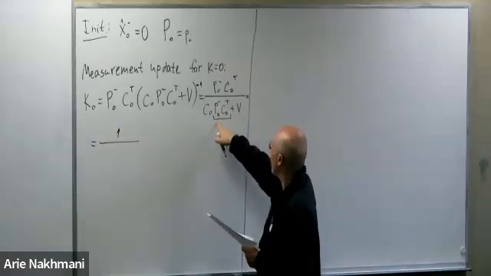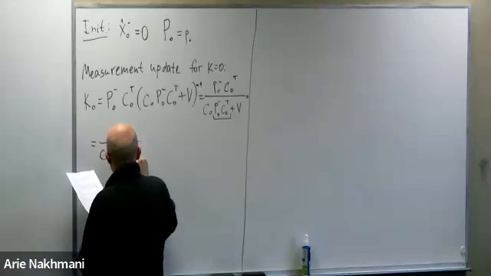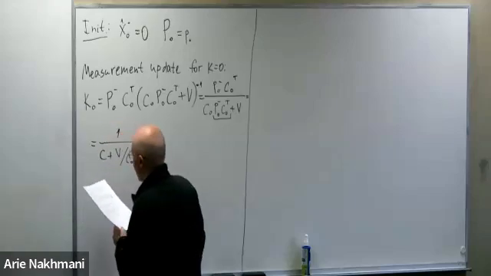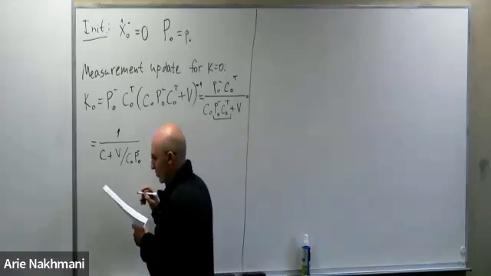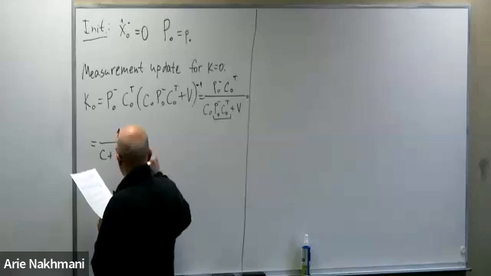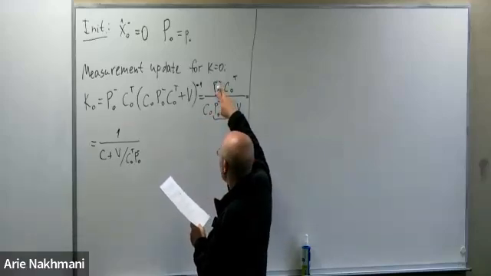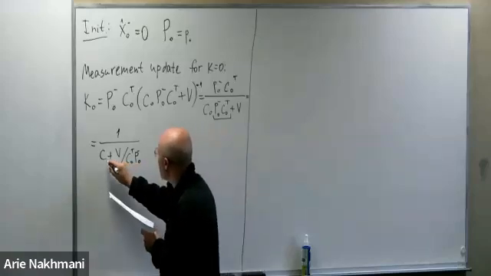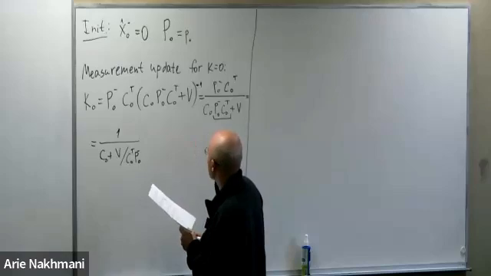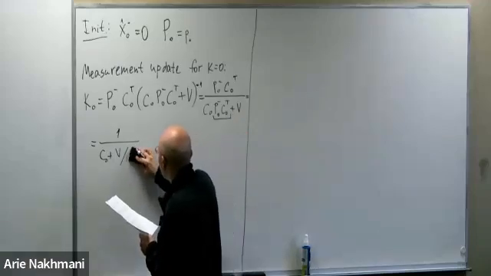And at the bottom I will have C0 plus V divided by that C0 P0 minus C0 transpose. In that case, it doesn't matter in which order it goes. Change the order so that it will be consistent.